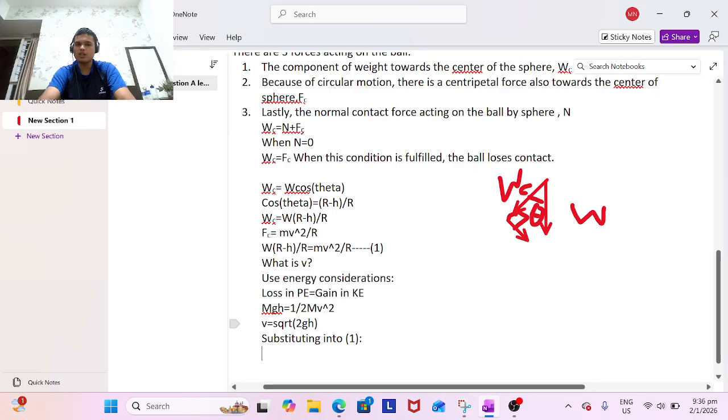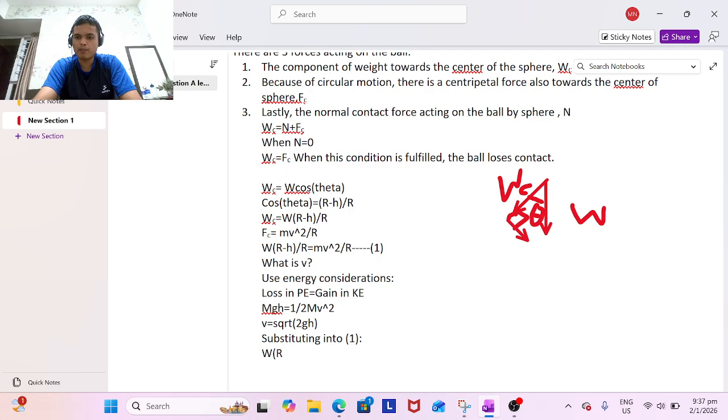Actually, we don't even need that, never mind. So we have W times (r minus h) by r equals mv square by r. So what is v square? v square is basically 2gh.